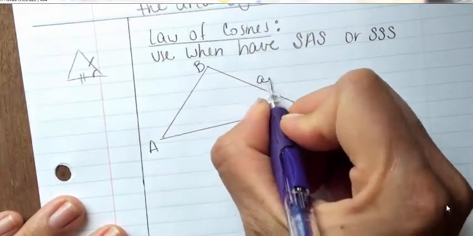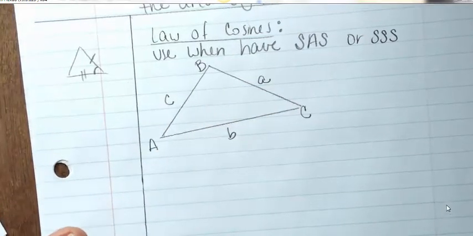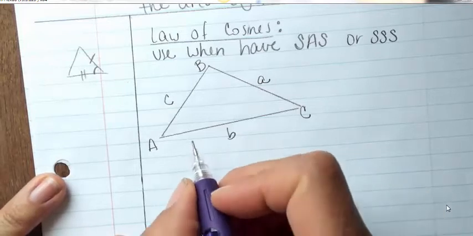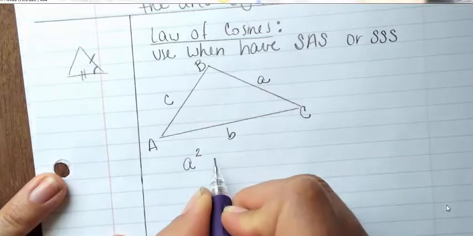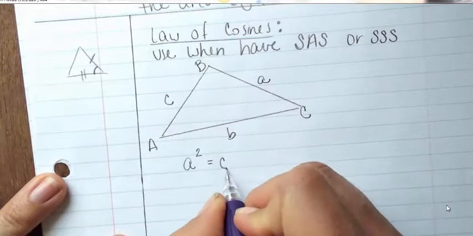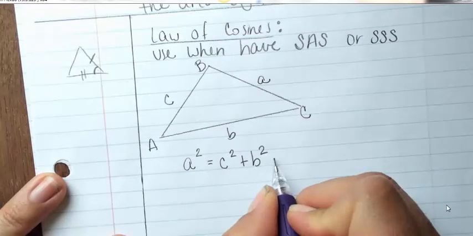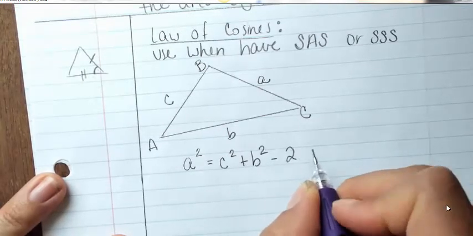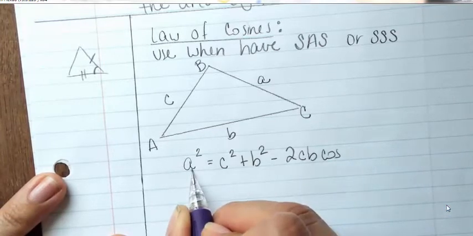So this will be side A, this will be side B, and this will be side C. Really there's just one way of thinking about this, but I'm going to write it for all three different angles or sides. So if I take some side, like A, and I square it, that's going to equal C squared plus B squared, so the other two sides squared, minus 2 times those two sides, C times B, and then cosine of the angle opposite the side that I started with.